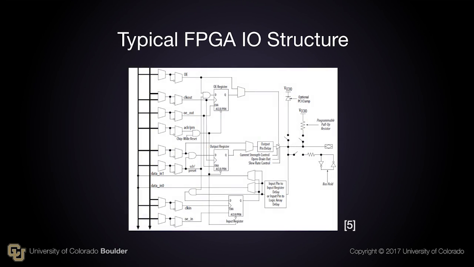Here's a more detailed look at the I/O pin circuitry for the MAX 10, including a number of added delays. The core of the circuit is still 3 registers and an output enable. The I/O has characteristics like slew rate and current strength control that can be programmed at a variety of values.